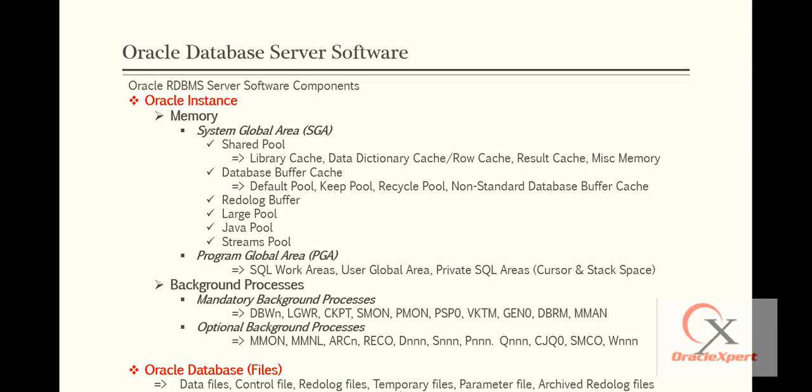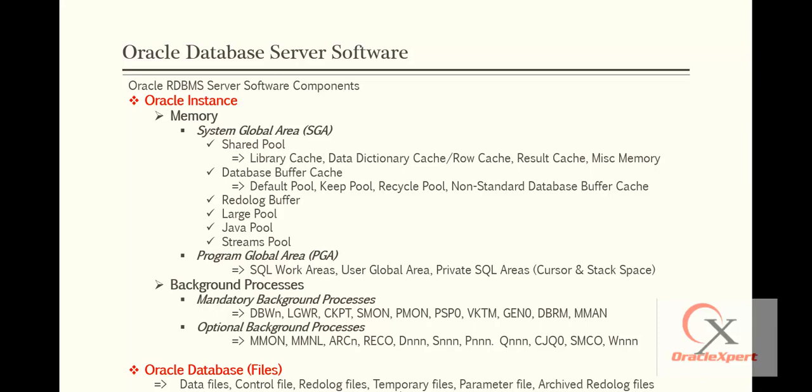The other smaller parts of your instance's memory is PGA, which is privately held by the background processes and by the server processes run by your instance. So note, for your instance, there is only one SGA, but there would be many PGAs.